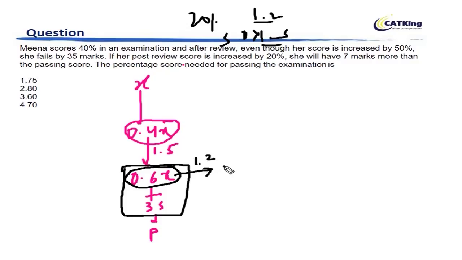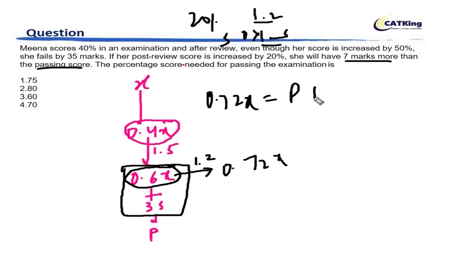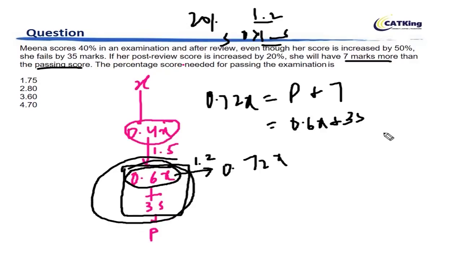So 0.6x into 1.2 becomes 0.72x. Now if you actually do this, then you will have 7 marks more than the passing. So 0.72x is passing marks plus 7. Now passing marks is 0.6x plus 35. Just now we saw that passing marks is 0.6x plus 35.